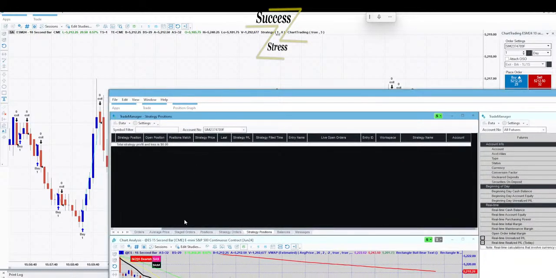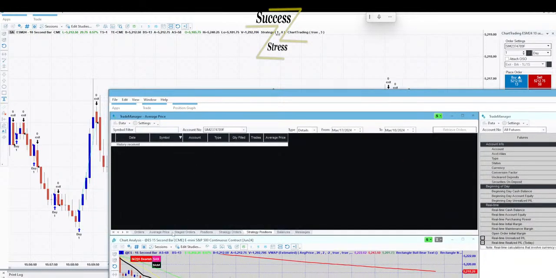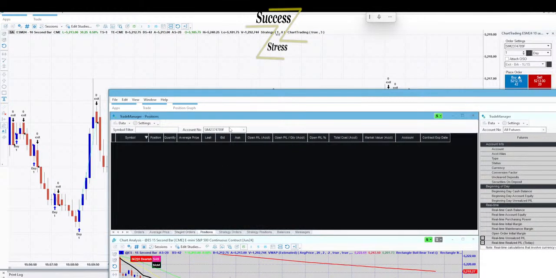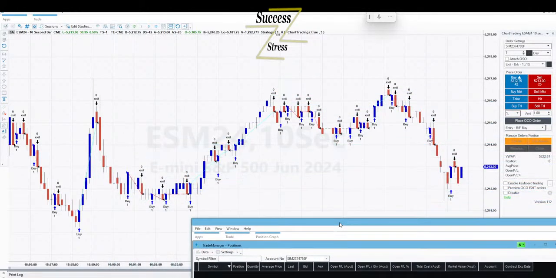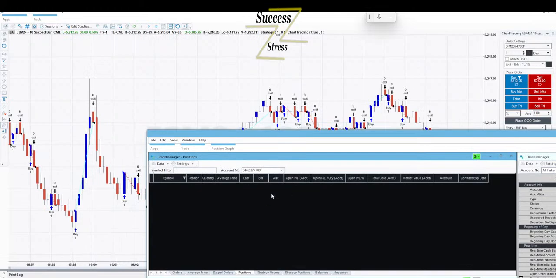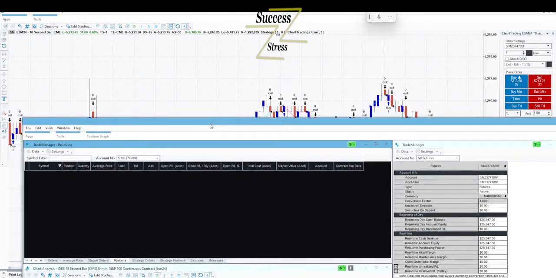All right, but I want to see when we have an average price. Positions. Position. I think this is the one that we're looking for. Okay, so we're in a position now. Still not showing anything.